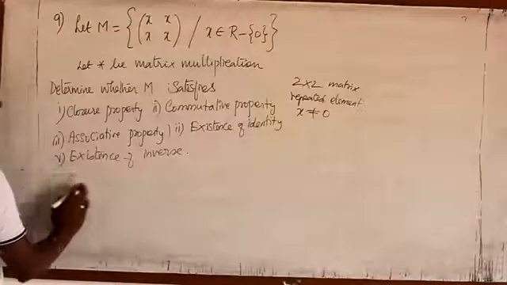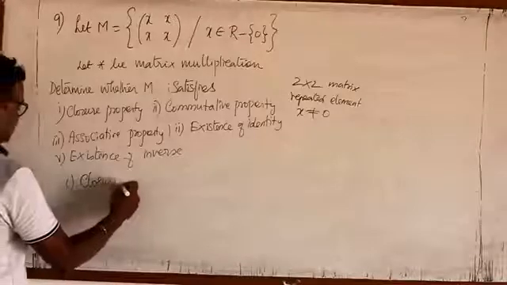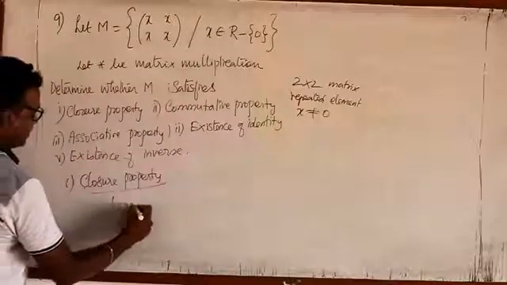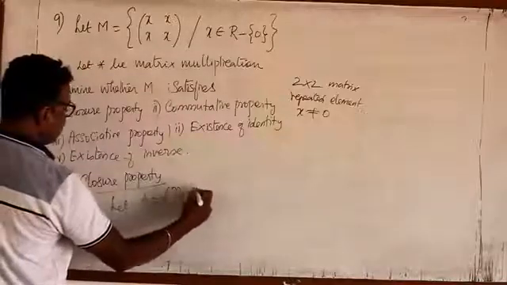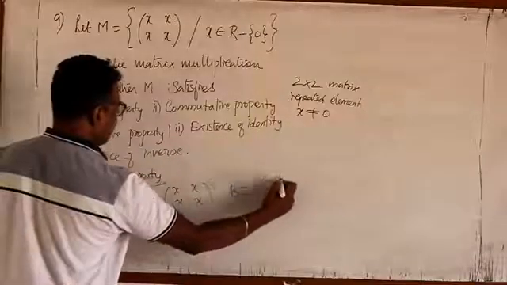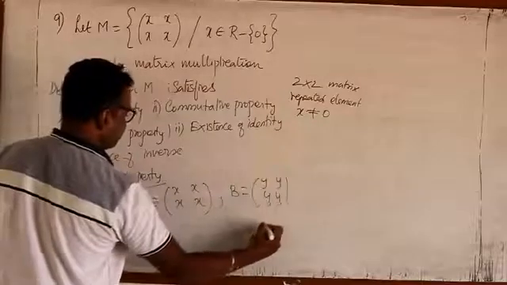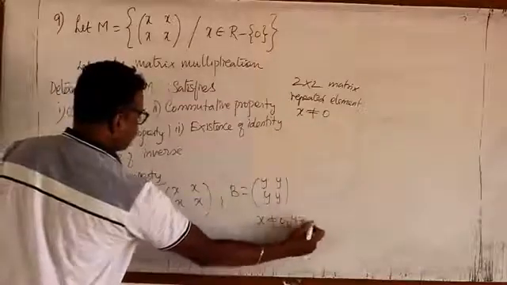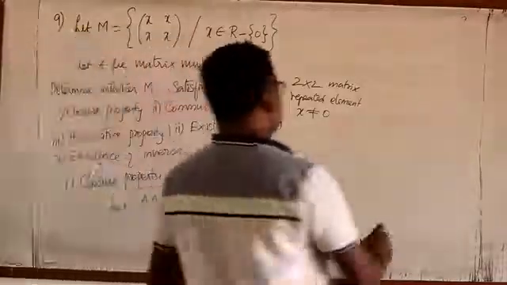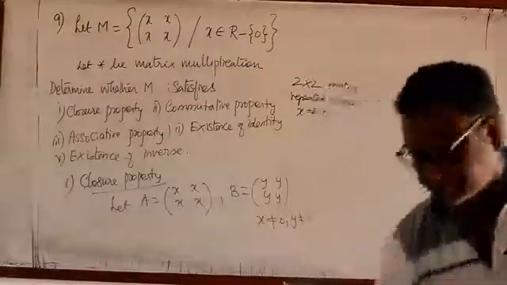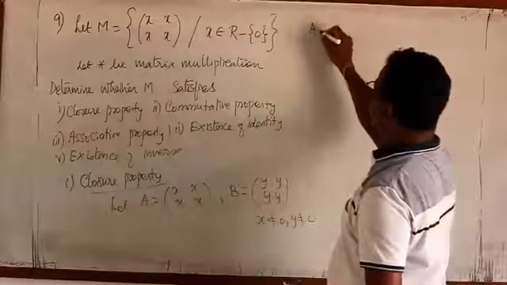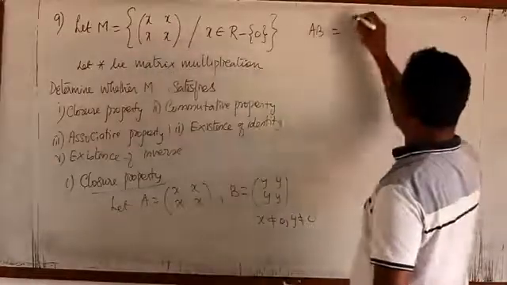So for closure property, let us take a set A as x, x, x, x, and B as some other y, y, y, y, such that x is not equal to 0, y is not equal to 0. I am collecting the elements of this form. Now we shall multiply A into B because the operation is matrix multiplication.